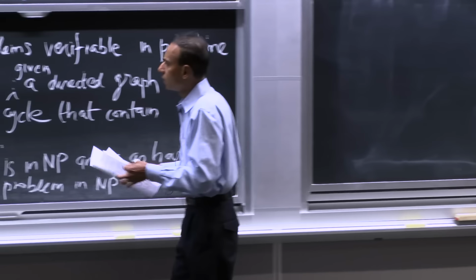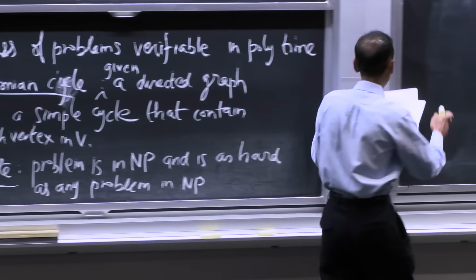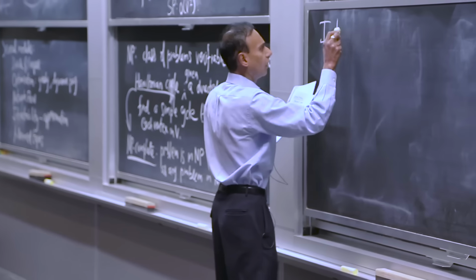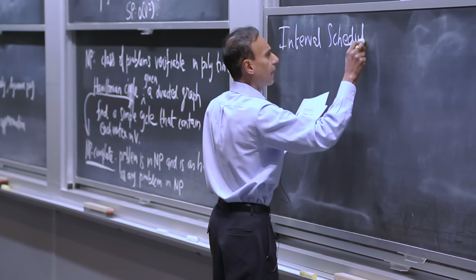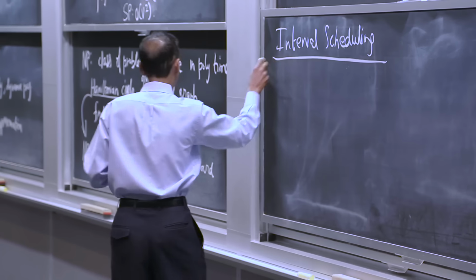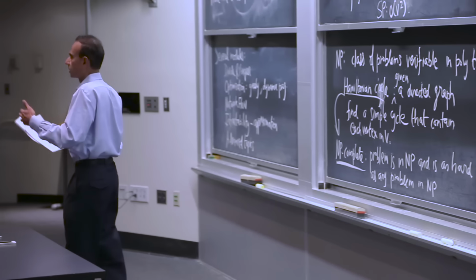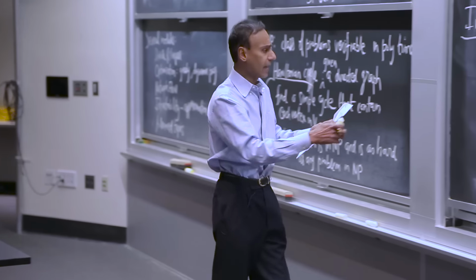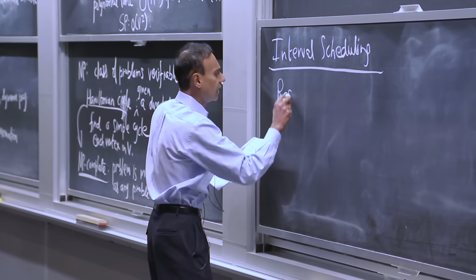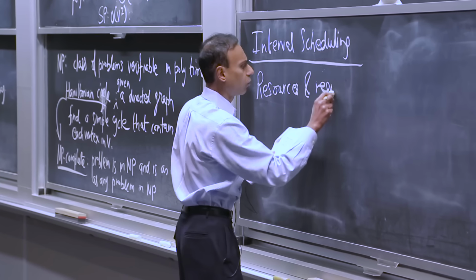So much for context. Let's dive into our interval scheduling problem, which is something that you can imagine doing for classes, tasks, a particular schedule during a day, life in general. And in the general setting, we have resources and requests.